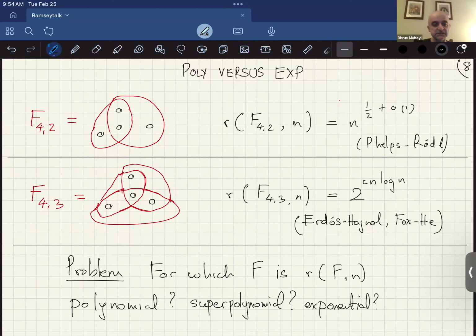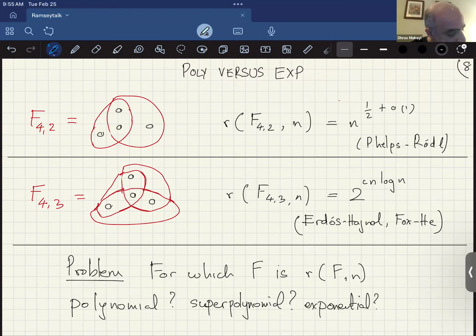Another way to rephrase this question is, what is the independence number of a linear hypergraph? Because if you don't contain this red object, that means every 2 triples in your red hypergraph share at most 1 vertex. That means the hypergraph is linear, and the blue clique is like an independent set in it. And old results of Phelps and Rödl show that, oh, sorry, I got this quantity wrong. I didn't invert it, so let me just fix that.